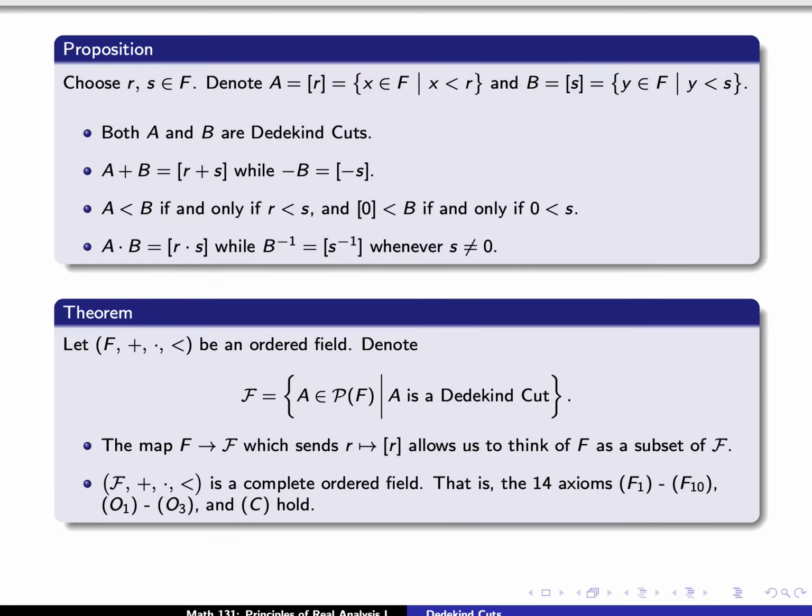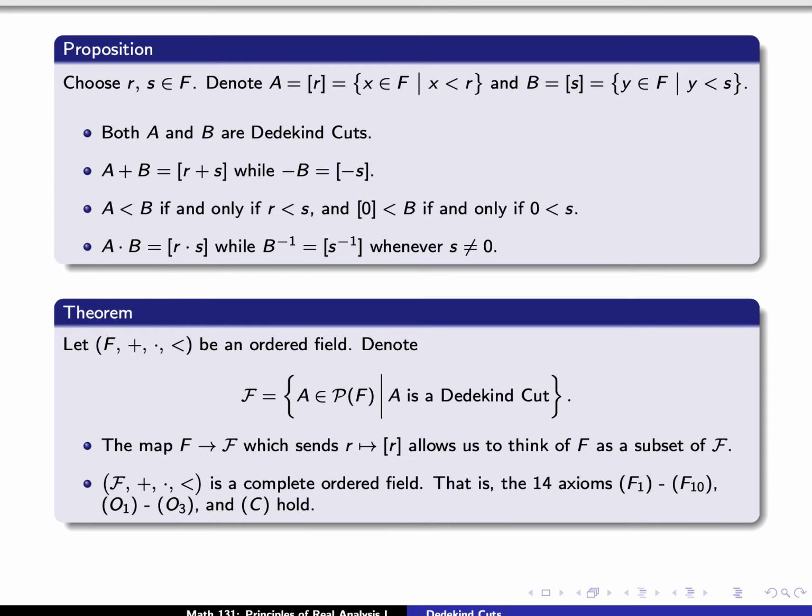Putting all of this together, we have our big result. If we're given an ordered field F, let's consider script F, the collection of all Dedekind cuts coming from this field F. First, we have a map that will take an element R from our field F and construct the Dedekind cut square bracket R as at the top of the slide here.